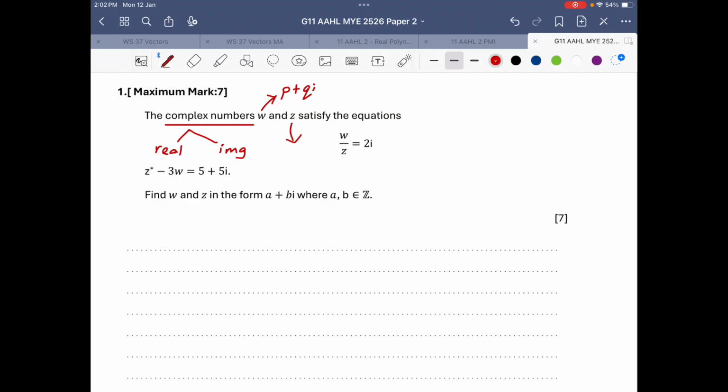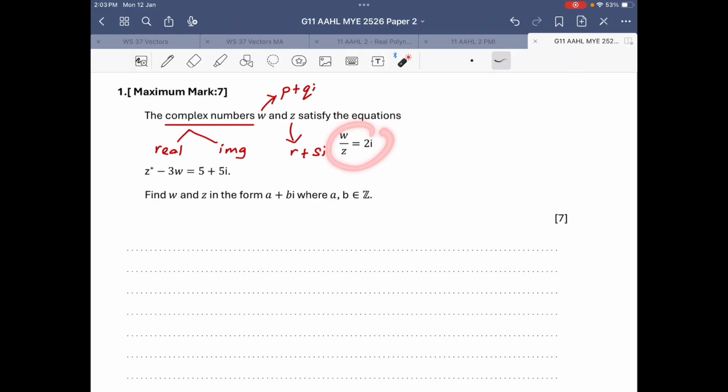Another complex number is Z, let it be R plus Si, where R is the real part and S is the imaginary part of the complex number Z. In the end we have to figure out the value for P, Q, R, S to form complex numbers W and Z. Those are the equations that we can make full use of.